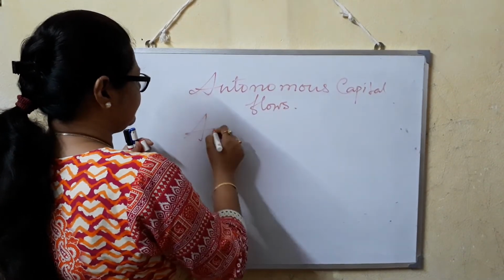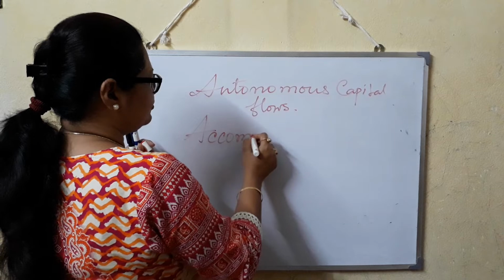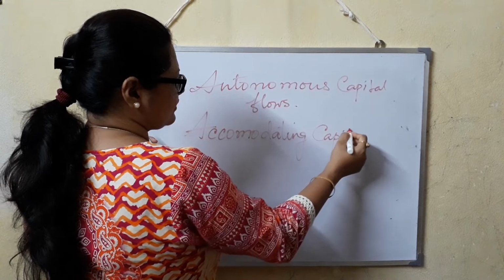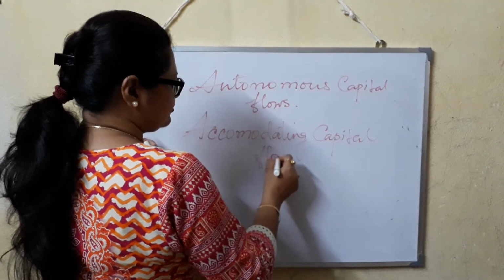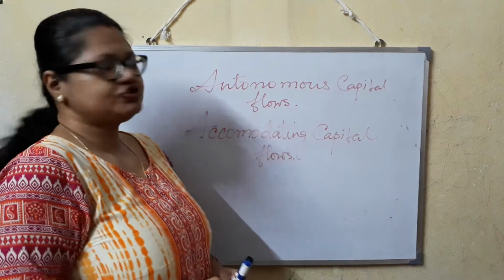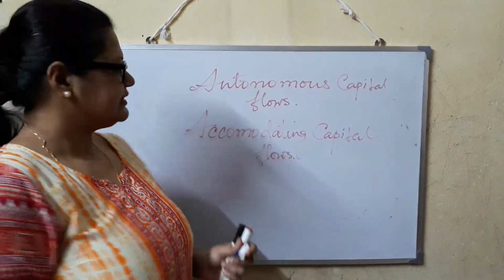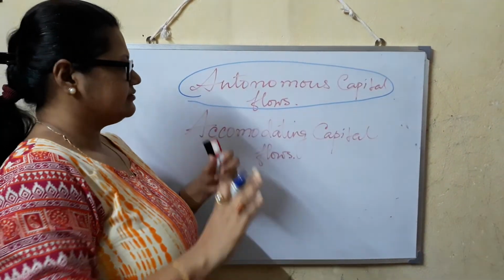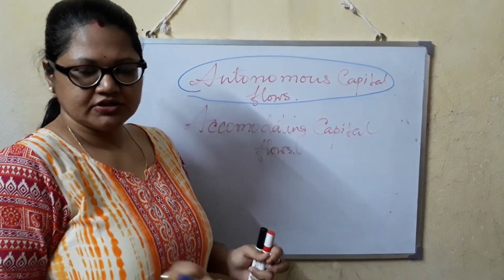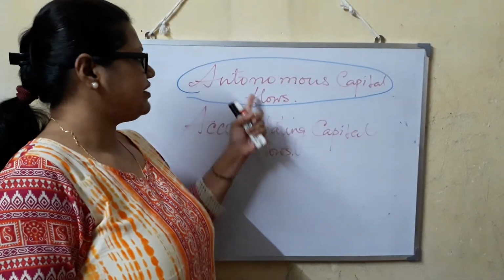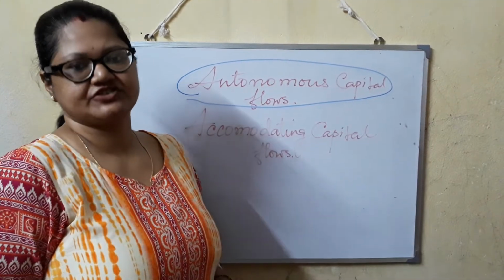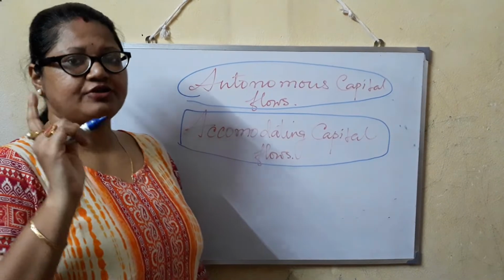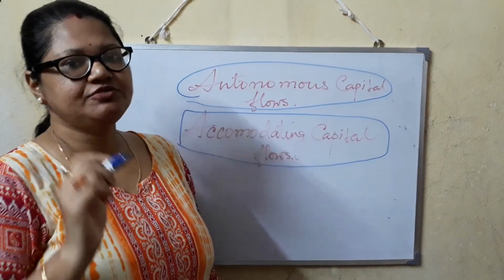Another one is accommodating capital flows. Autonomous means which happens in the ordinary course, the ordinary capital flows, it will be there. This is not meant for adjustment of the surplus or deficit, but accommodating is basically done to adjust the surplus or deficit in BOP.